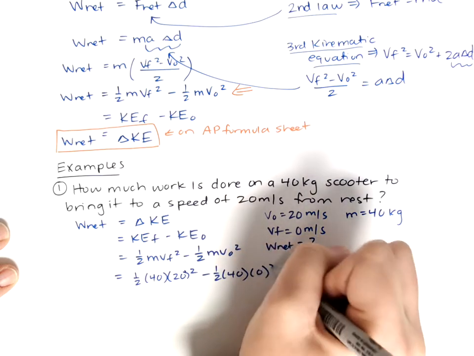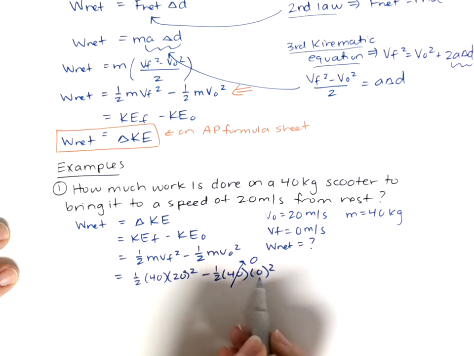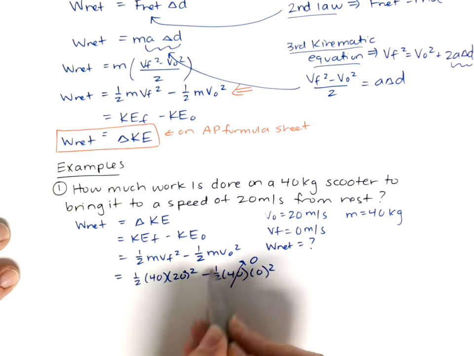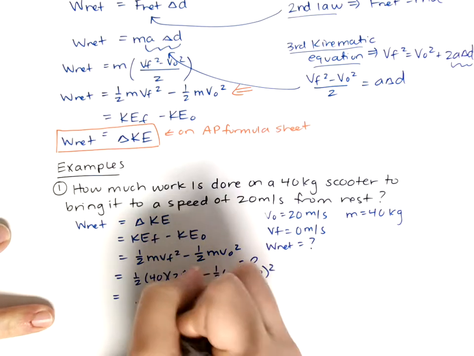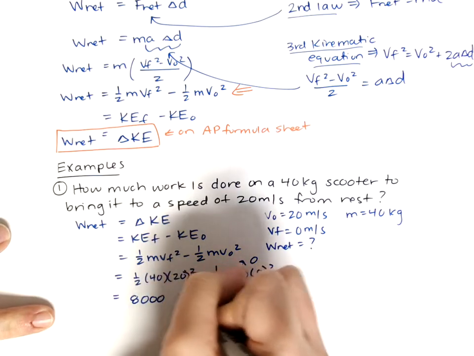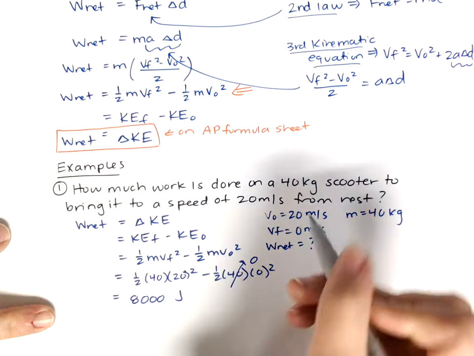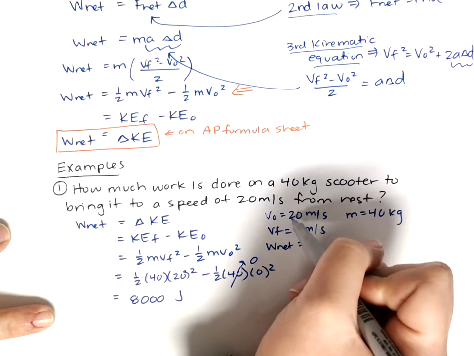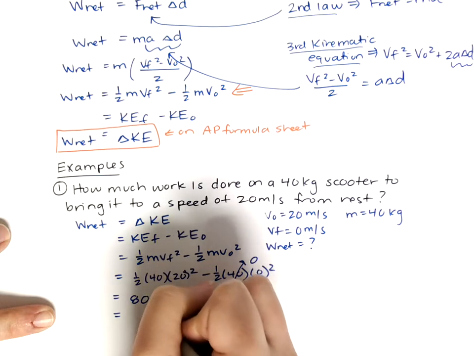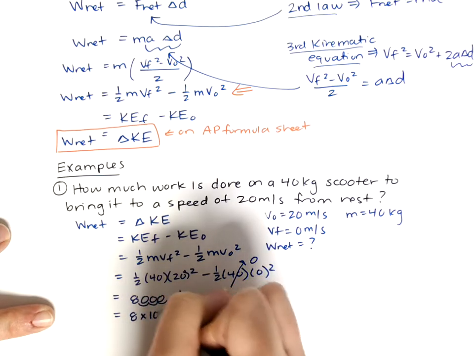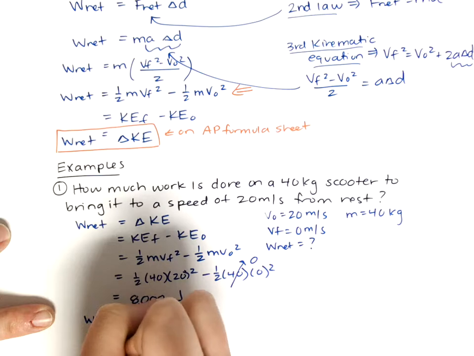You'll notice that the second term does drop out because it has a velocity of 0, which makes this whole factor become 0. And you get a net work of 8,000 joules. And since our smallest given has 2 significant figures, we would want to write 8 times 10 to the 3rd joules as our final answer.